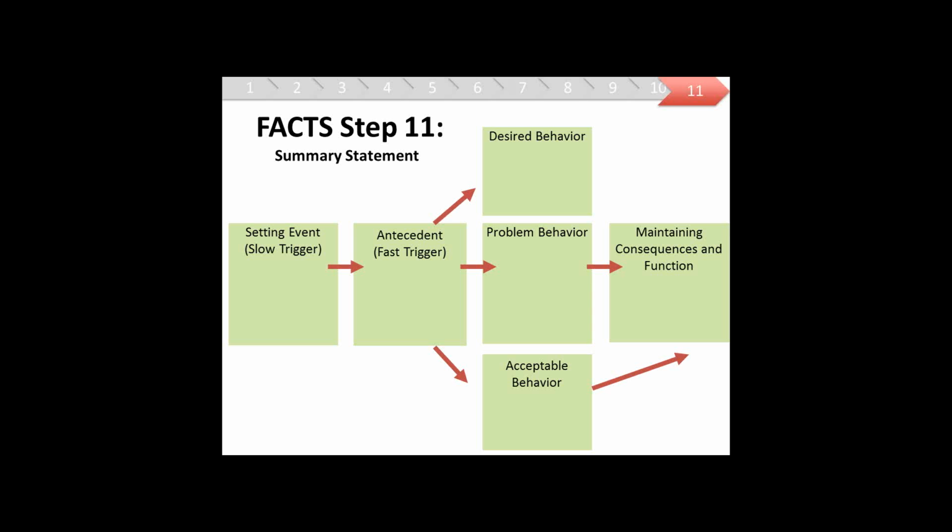It might be an acceptable behavior that that student picks another student to work with, and they can work with that student after they've done 2 of the problems by themselves. So do 2, then you can work with a peer to do the next 3. So now we've come up with a plan involving that acceptable behavior.